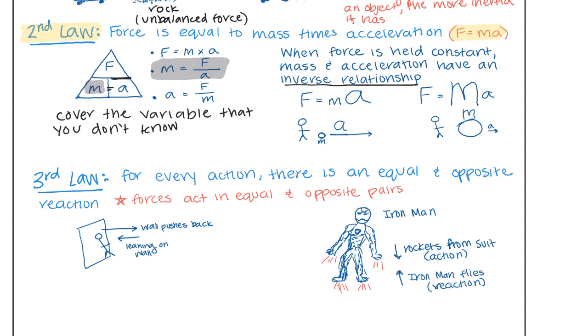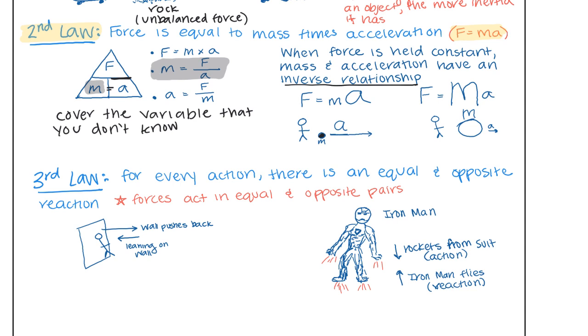So think about the difference between you kicking a tiny little pebble. Here's you, and here's your little pebble with a small little M representing its small little mass, right? If you kick this rock, it's going to have a big acceleration, and I represent that with that big A.